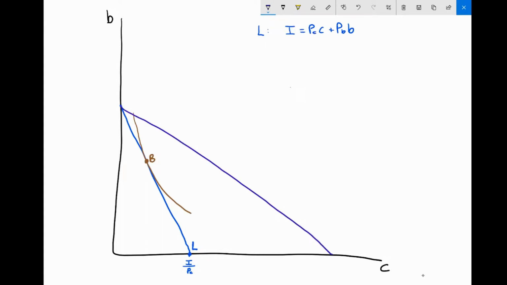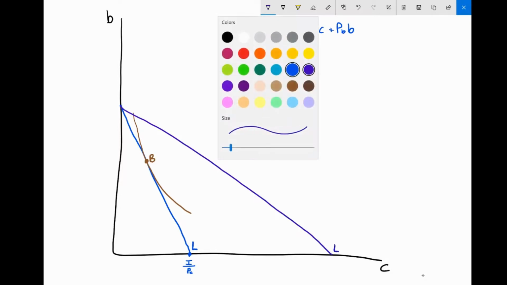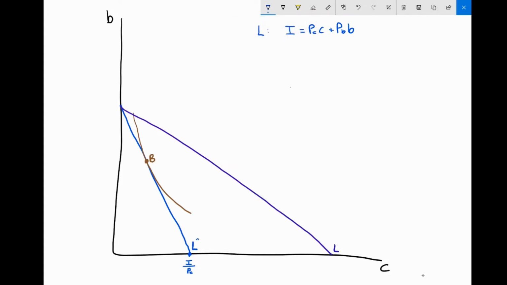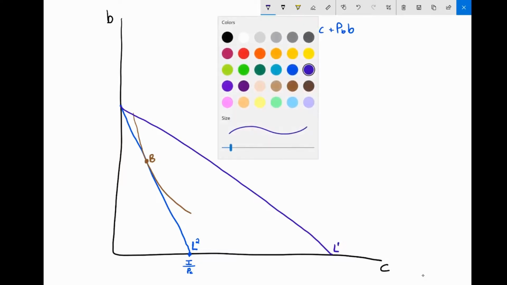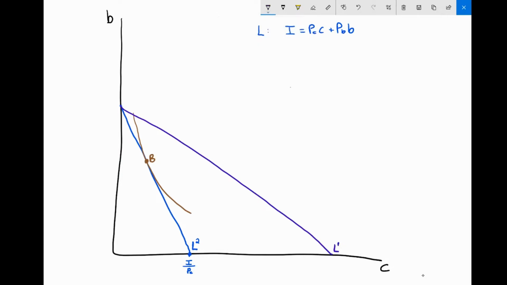I might give this one a superscript 2. When we're done, we're going to talk about the first one as budget line 1, and this will be budget line 2. And this one is going to have an indifference curve.